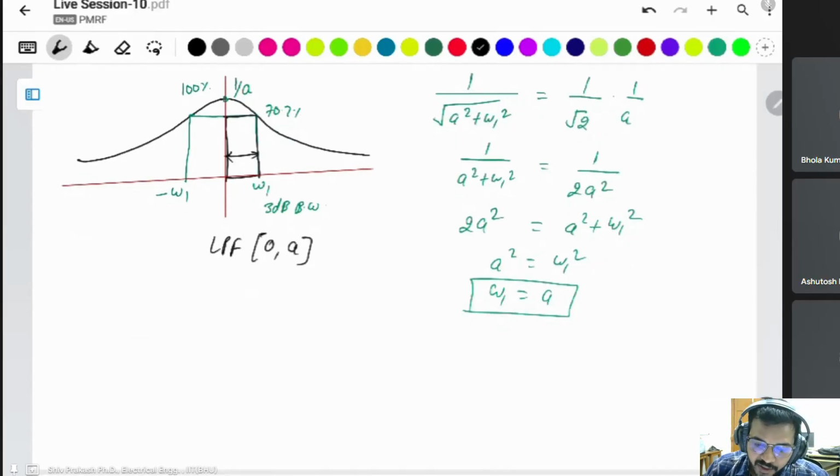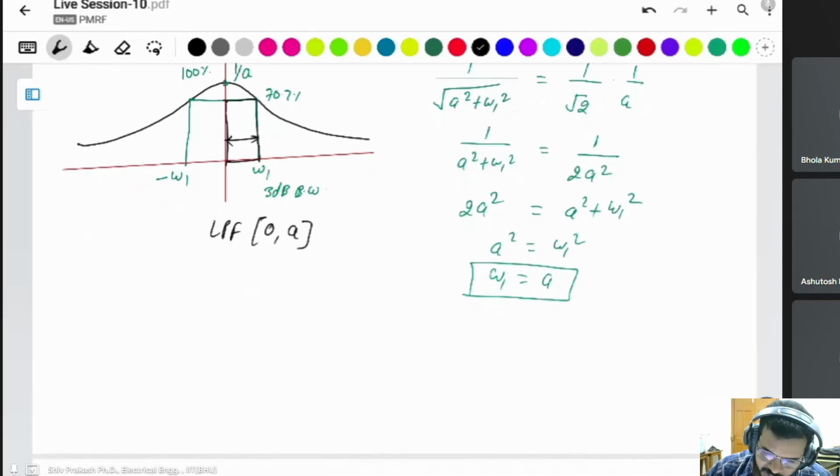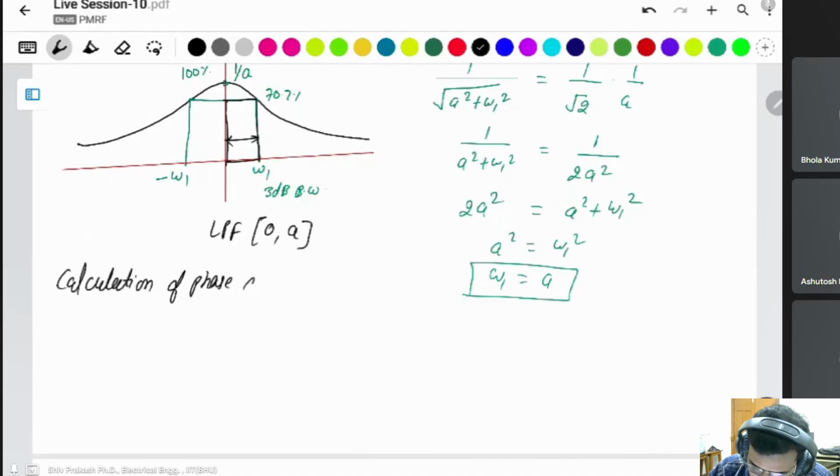How can you calculate the phase delay of that signal? Phase delay and group delay. Phase delay is represented as t p.